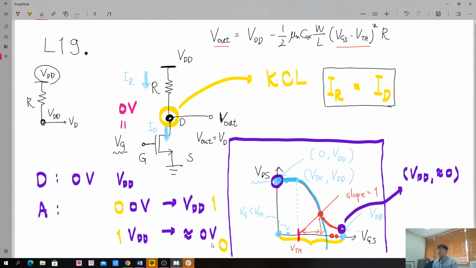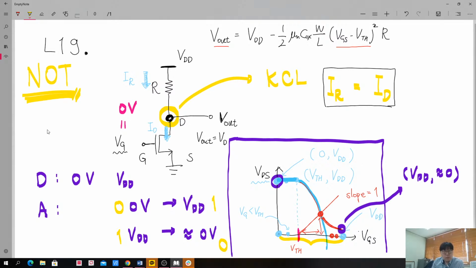So you know that this corresponds to a logical operation. 0 is converted into 1, and 1 is converted into 0. That is the logical NOT.